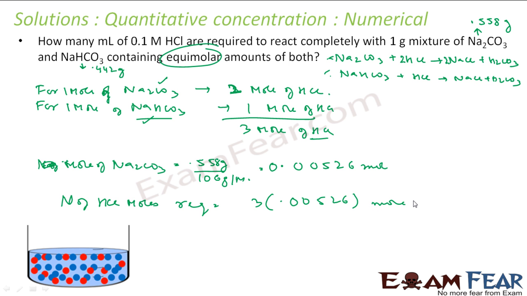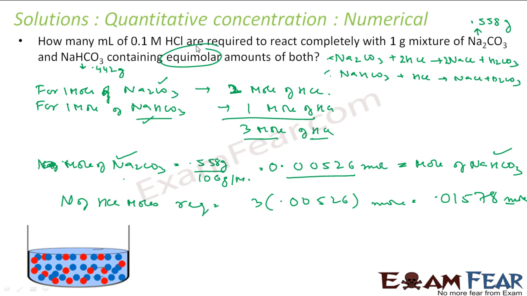That is nothing but 0.01578. Hope you understand what I'm saying. So this many moles of Na2CO3 and this many moles of NaHCO3 will require 3 into this many moles of HCl. So moles of HCl required I have.